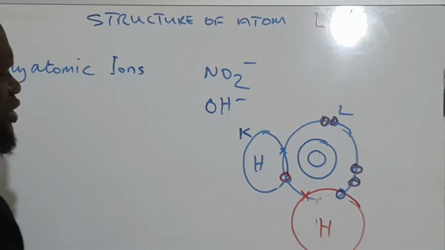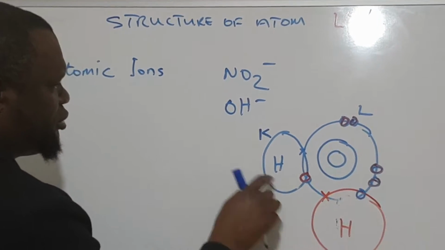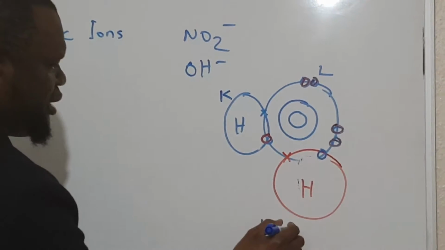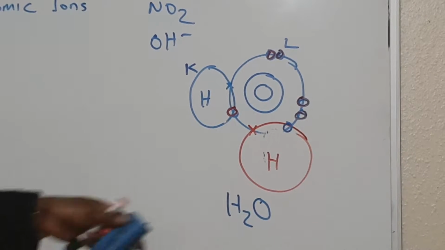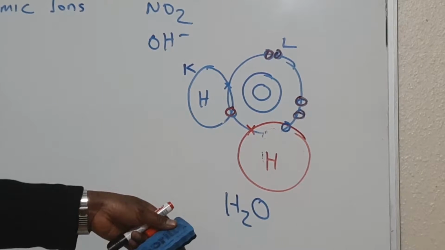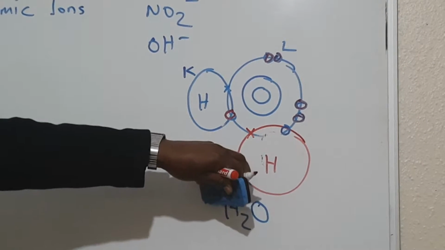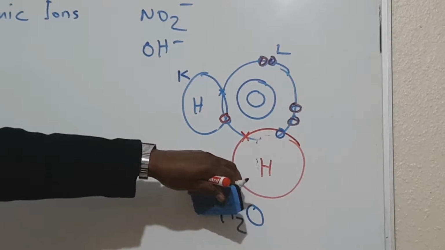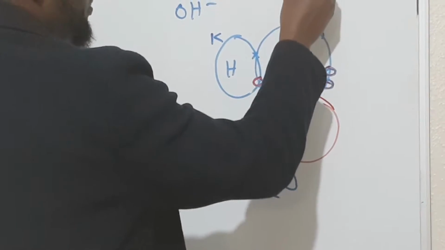So this will be H2O, two hydrogen and one oxygen. What do you call this? Water. There will not be any charge. But since there is one hydrogen missing in the previous scenario, the charge was minus. That's why it's OH minus.